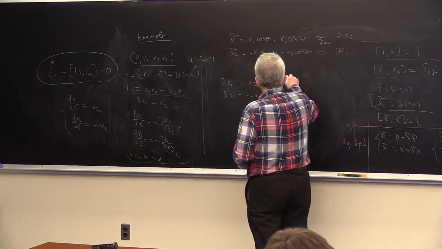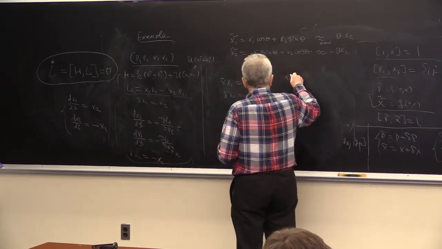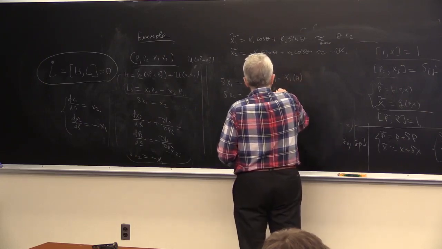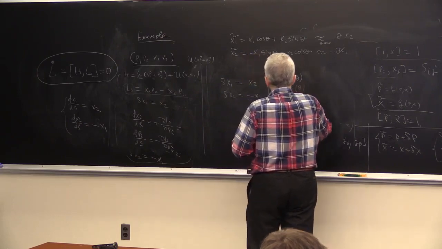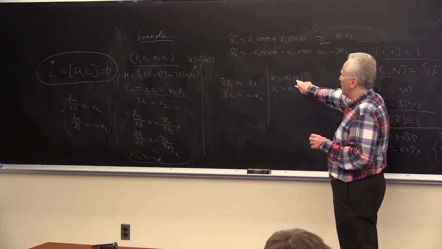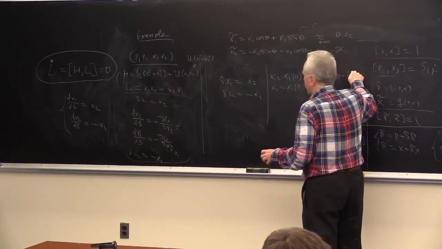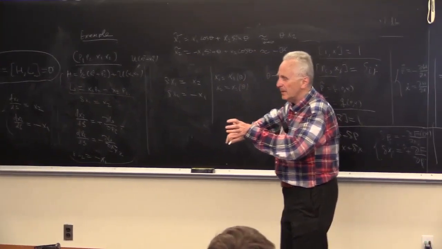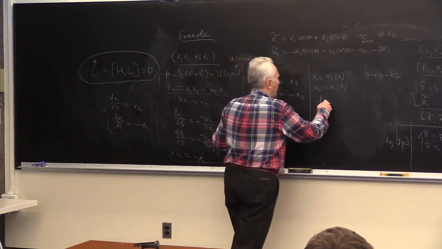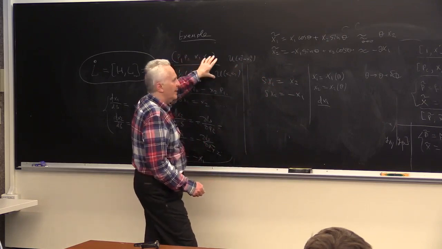I would consider x1 as a function of theta, and x2 as a function of theta, where theta is the angle of rotation. And now suppose I have some theta, and then I rotate, I go from theta to theta plus delta theta. I rotate it a little bit. Actually, this part doesn't have anything to do with the Hamiltonian.